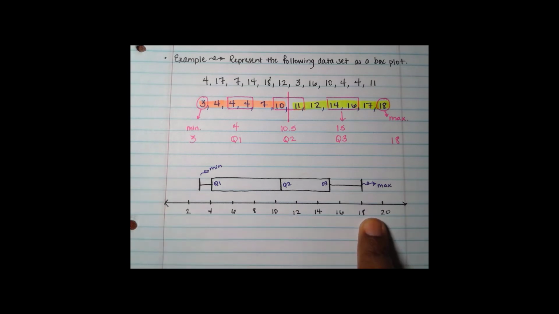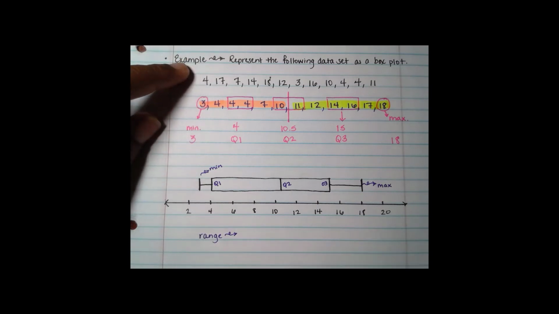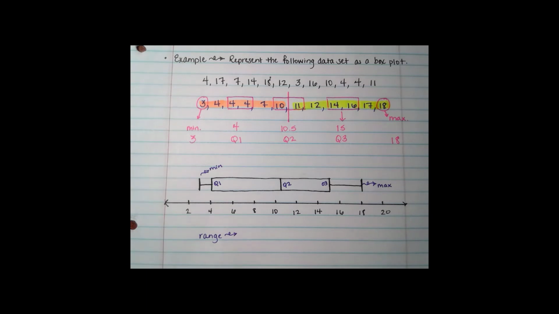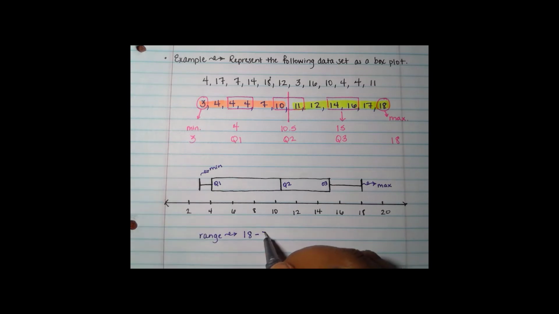For instance, we can calculate the range. Even though we don't have the original numbers, I can still calculate the range. I have the maximum, which is 18, minus the minimum, which is 3, which is equal to 15.